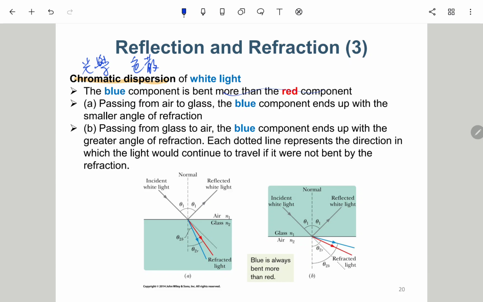That's why we can use a prism to make a rainbow from a white light. Passing from the air to glass, the blue component ends up with the smaller angle of refraction, and passing from the glass to air, the blue component ends up with the greater angle of refraction.